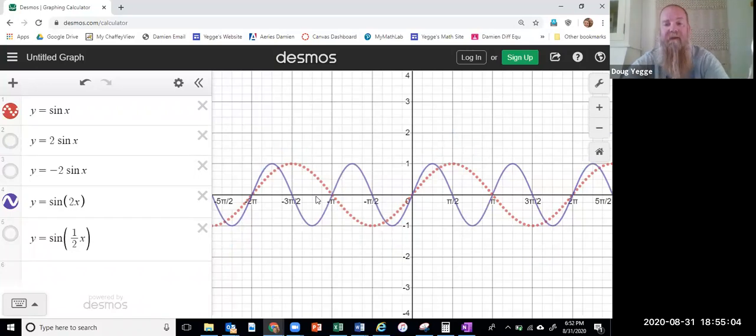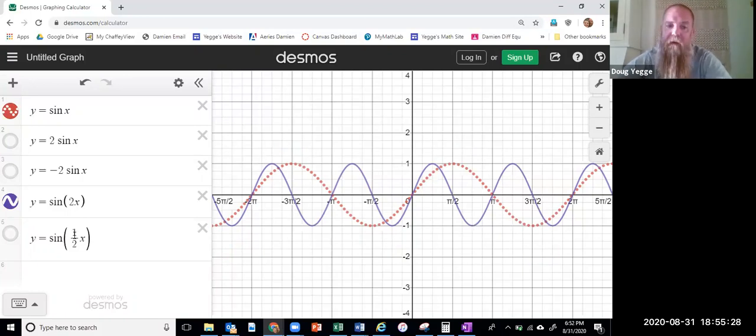Notice that that graph ended up smashing horizontally. We can see that what used to give me an answer of 1 is going to occur halfway between the y-axis and that value. What used to give me a value of negative 1, which was 3 pi over 2, is going to be half of that, which is 3 pi over 4.